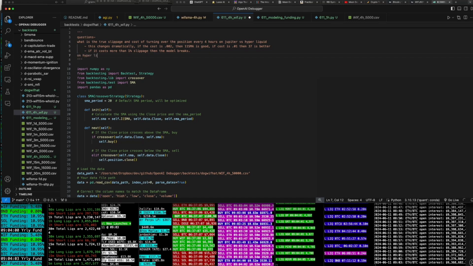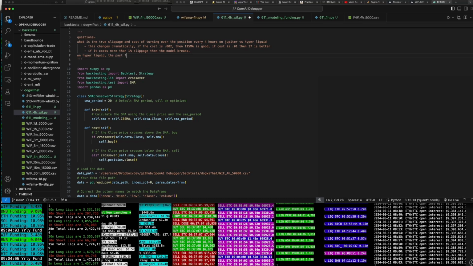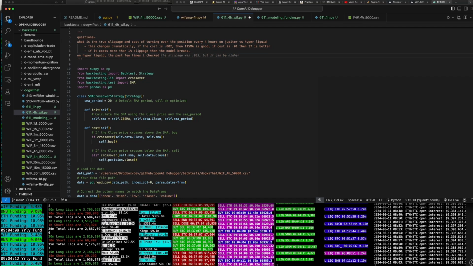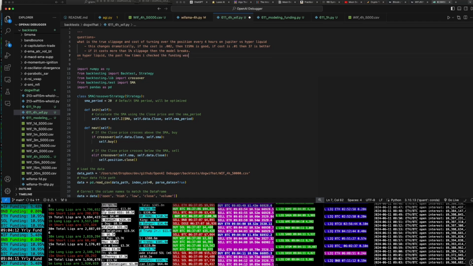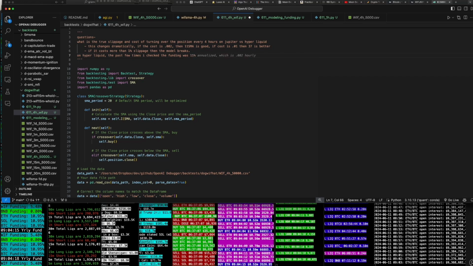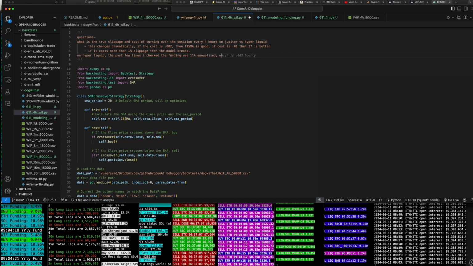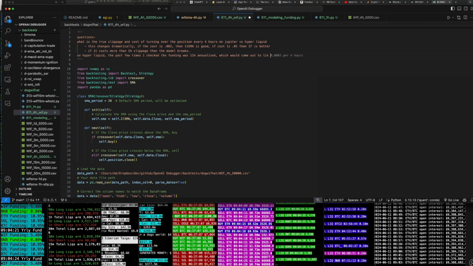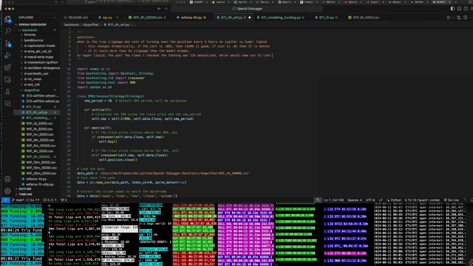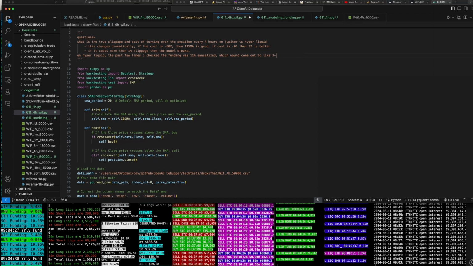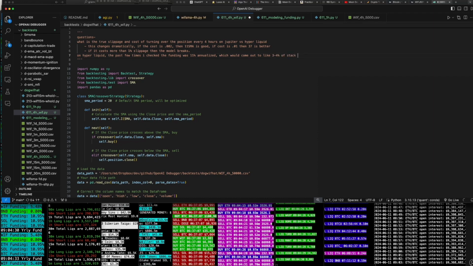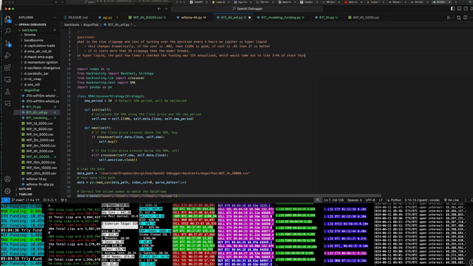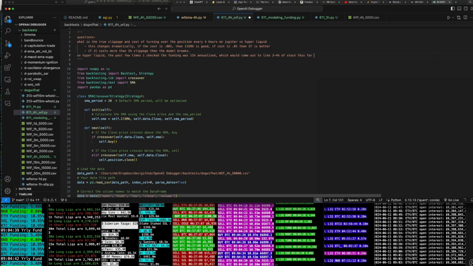On Hyperliquid, the past few times I checked, the funding was 11% annualized, which would come out to like 3 to 4% of that thus far. 6 months.